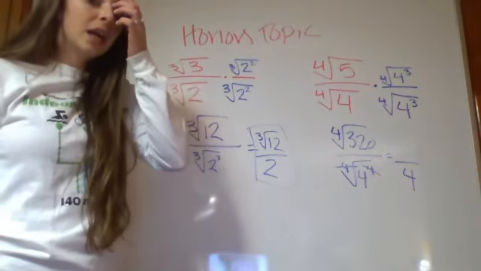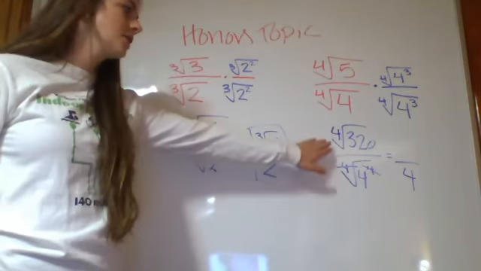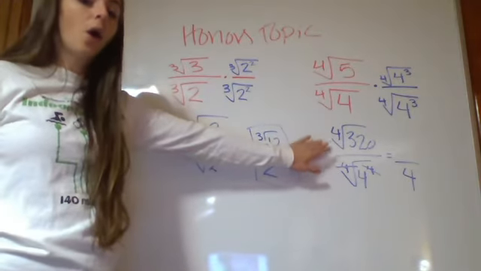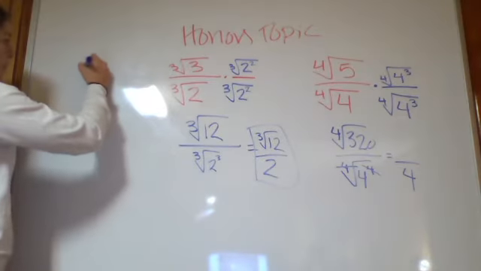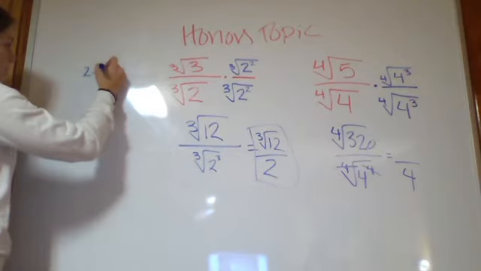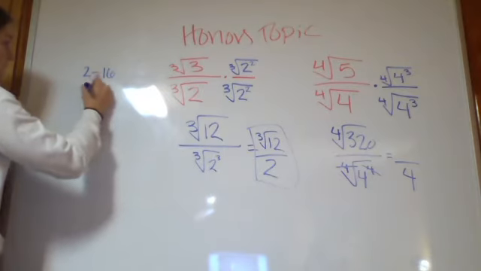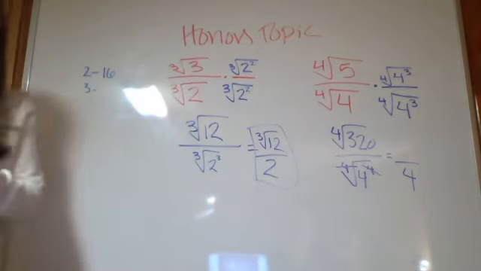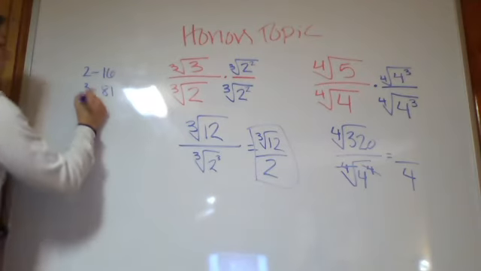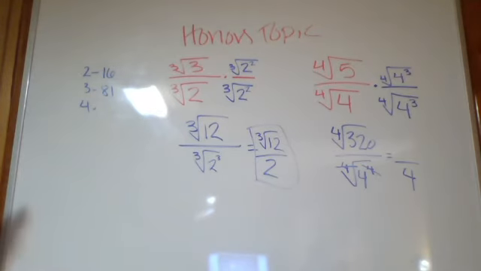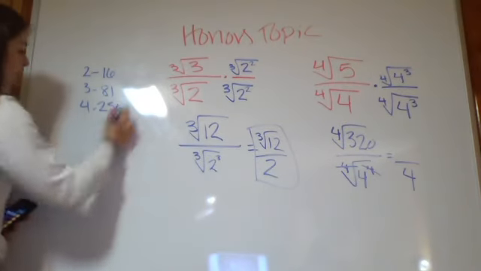But then we have to go back to the last honors topic. Can I simplify the 4th root of 320 at all? So think about our whole number 4th roots. 2 times 2 times 2 times 2 would be 16. 3 to the 4th is going to be 81. And 4 to the 4th is 256. That one's not going to help us.